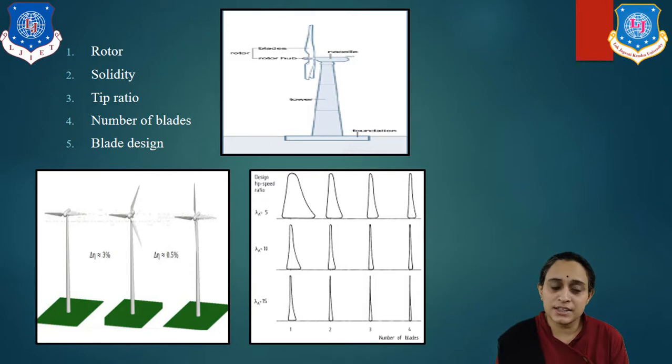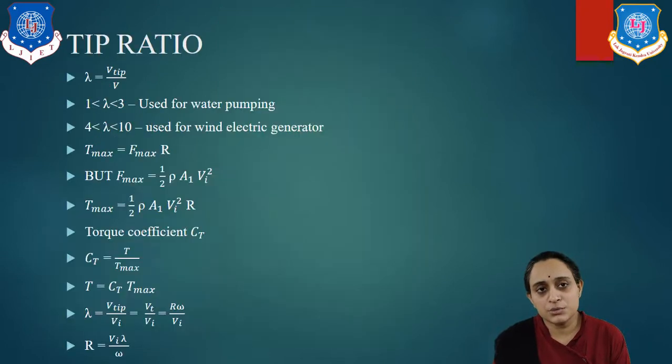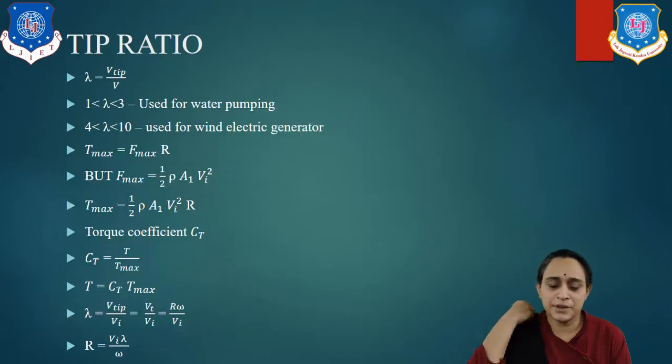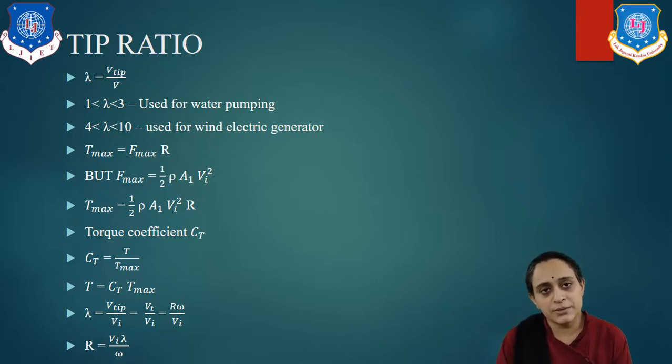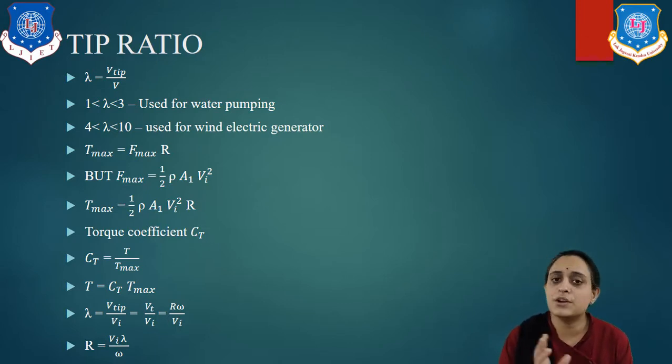Now let us explain the tip ratio. Now V tip is equal to the speed of the tip, it means the velocity of the tip. Now what is V? It is the free wind speed, so we have to consider this. Generally the lambda value varies between 1 to 10.